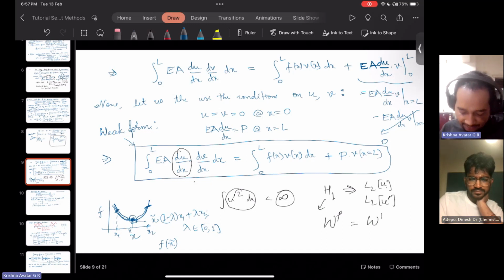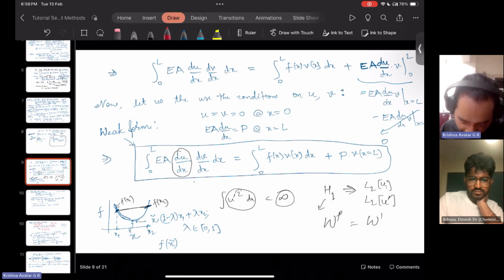Now let's connect both the endpoints and make it a straight line. This point is f of x1 and this point is f of x2. If we draw a straight line between f of x1 and f of x2, now you will understand the definition of a convex function. This is our f of x tilde.